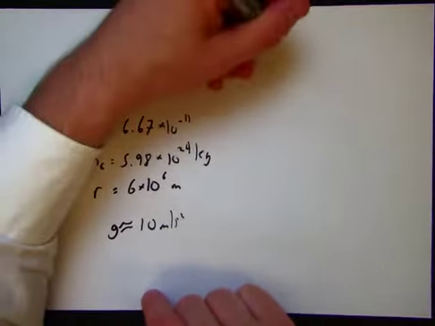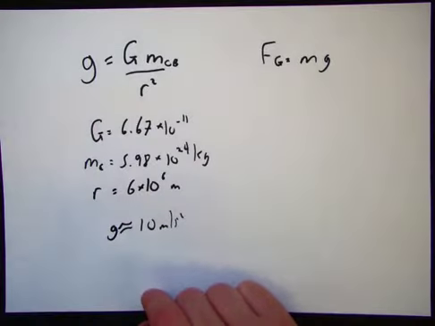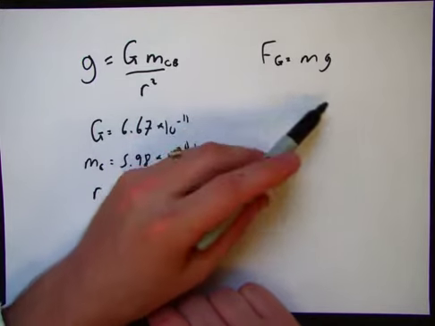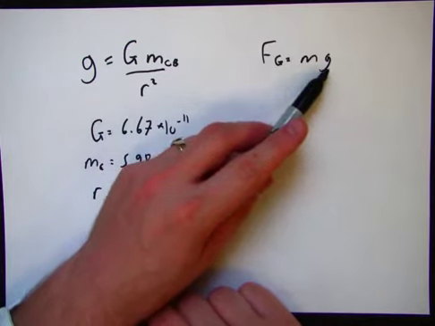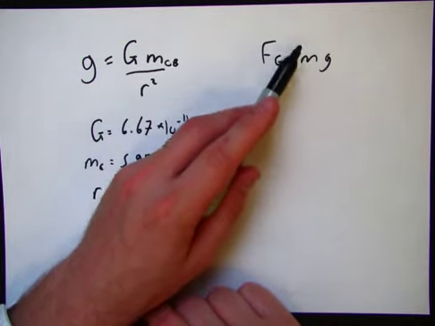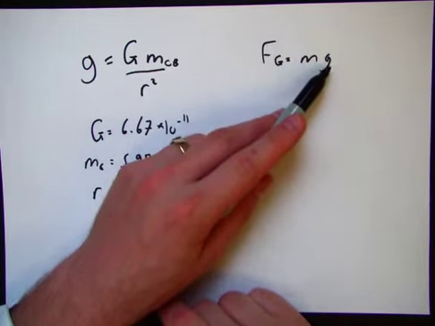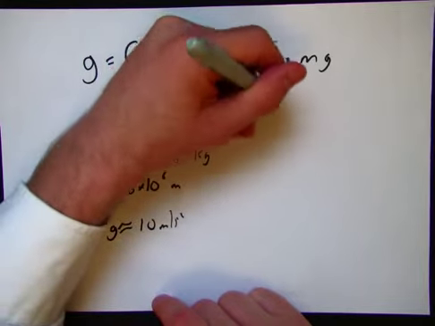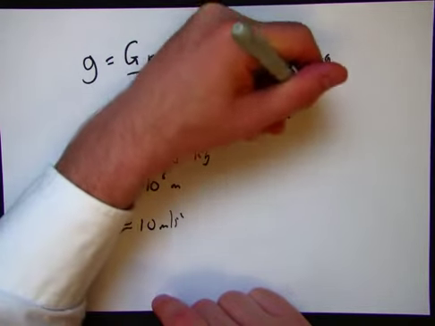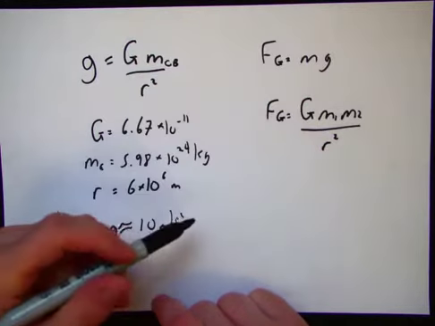Knowing this formula here, we already knew a formula that was Fg is equal to mg. Okay, Fg is equal to mg. A lot of students get confused about, well, which mass is this? This mass is what I'm actually putting into the gravitational field. So this would be the satellite, the book, the pencil, possibly another planet that's getting affected by this gravitational field. Now if I expand this a little further from what we already knew, the actual equation is Fg is equal to G m1 m2 over r squared.